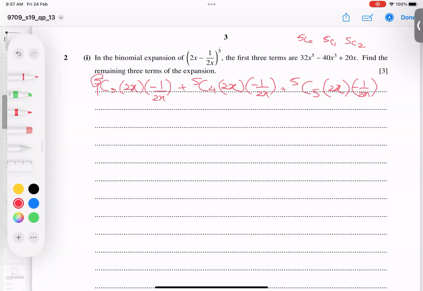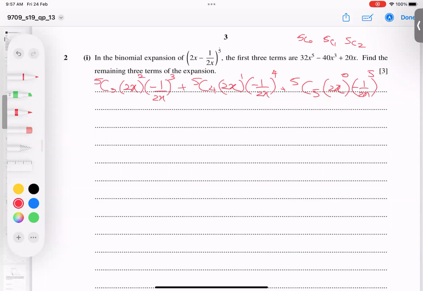And 5 and 3 subtract and write it up, so 2, and this value comes directly here. 5 and 4 subtract and write on the first bracket, so 1, and this 4 goes directly on the second bracket. 5 minus 5 we get 0, and 5 goes on the second.